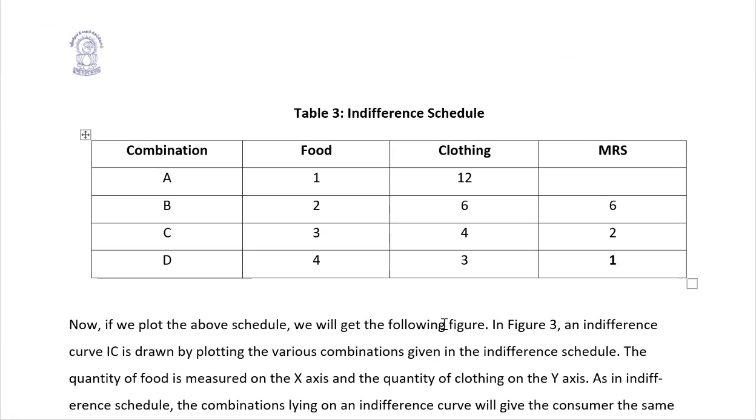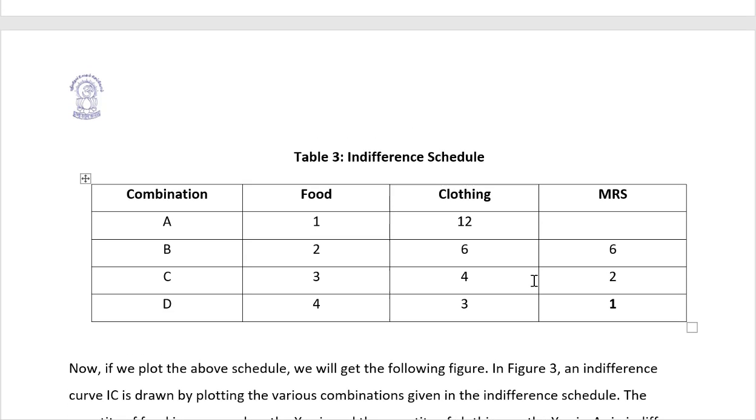You can see the same in the indifference schedule. So there are 4 combinations shown on the indifference schedule: combination A, combination B, C and D. In combination A, it is shown that 1 unit of food and 12 units of clothing.